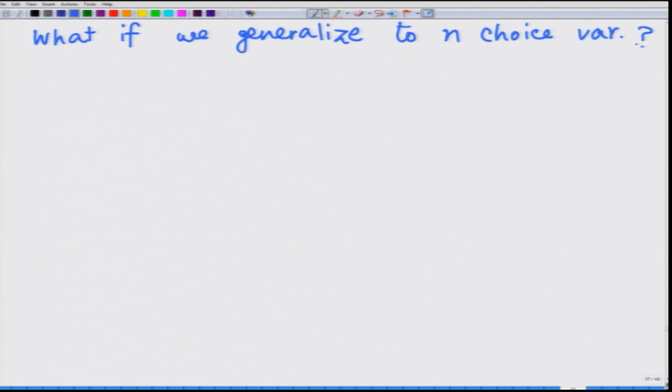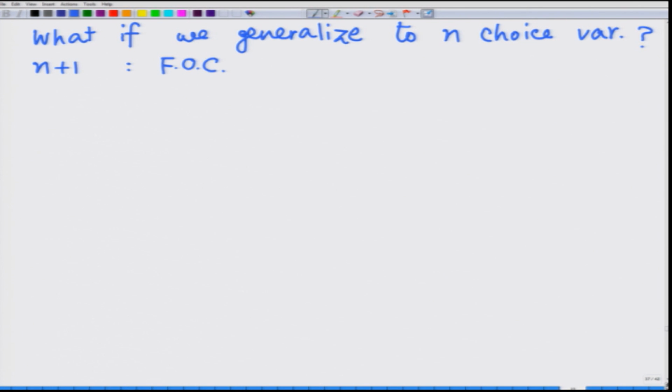First order conditions will not change. You have to take the first order partial derivatives, set them equal to 0, and if there are n choice variables, there will be n first order conditions, and of course you need to differentiate with respect to the Lagrange multiplier lambda.